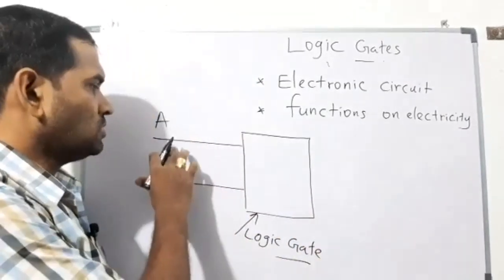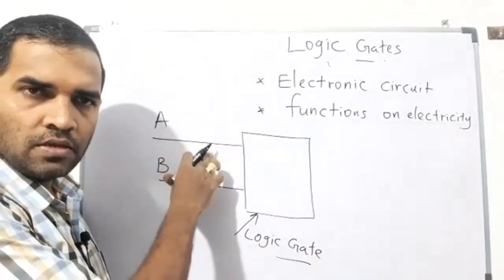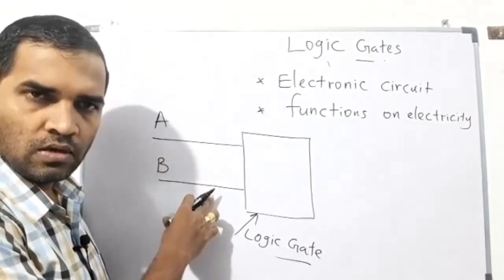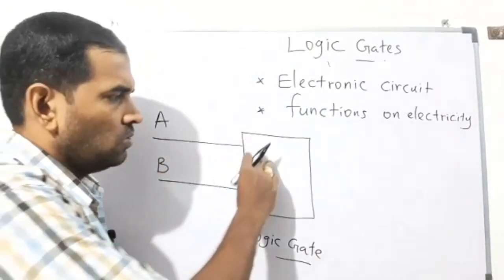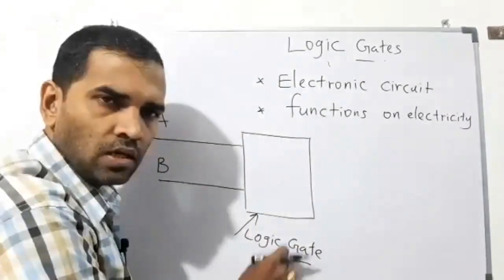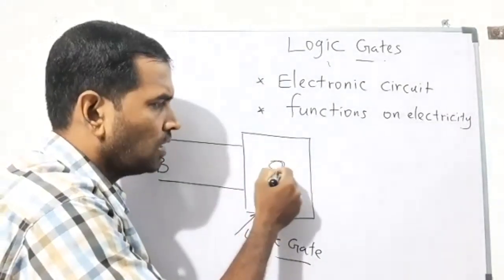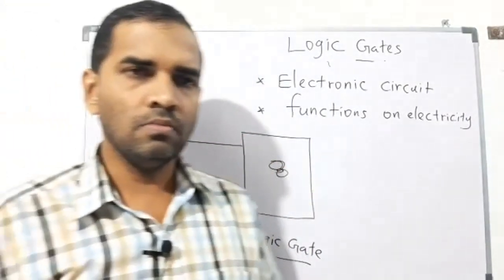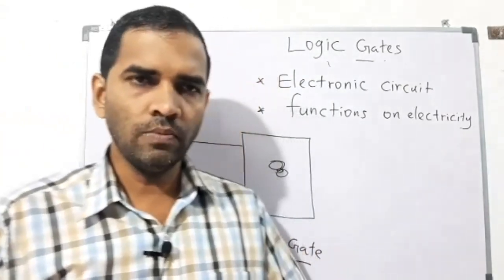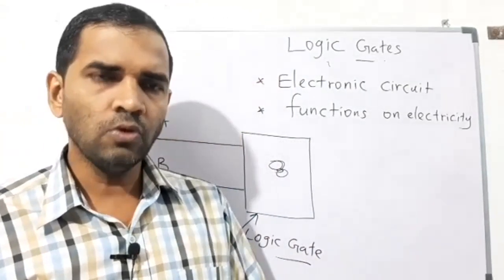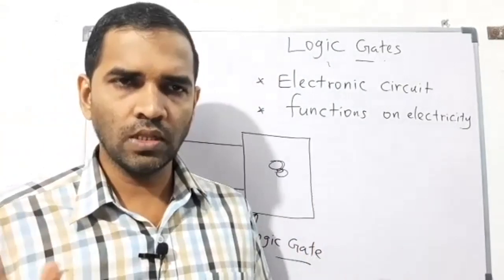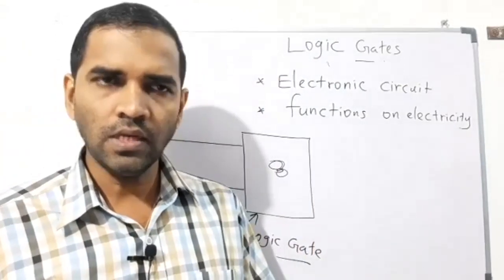And see, this wire can have electricity, or this wire also has electricity. Now, what happens? Inside this logic gate, something happens. Some specific functions will take place. We don't know what they are because we are introducing the gate. Later we can discuss in detail.